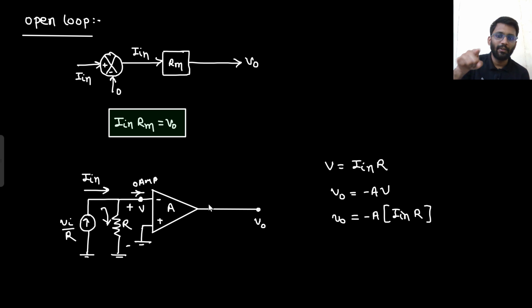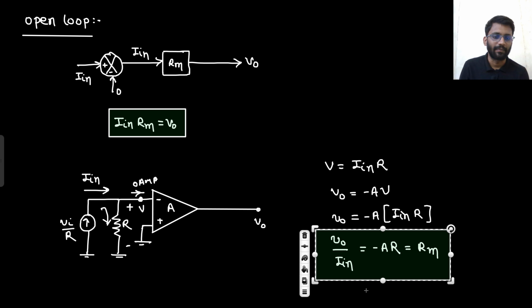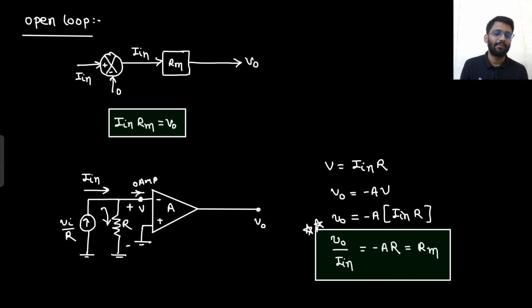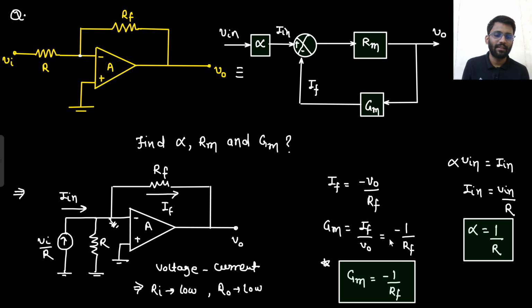So what is my V naught by I in? Here my V naught by I in is minus A into R, and that is equal to Rm. So this is the value of your Rm, that is minus AR. This was the value of Gm. This was the value of alpha.